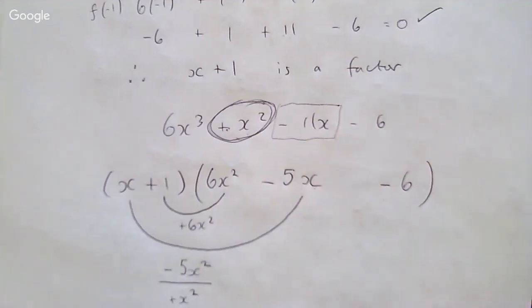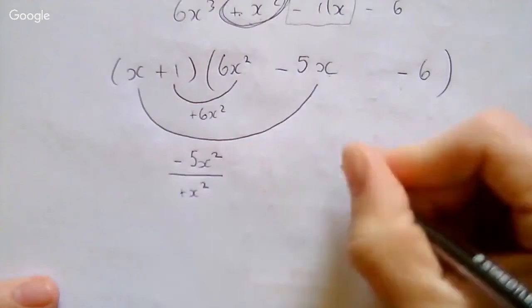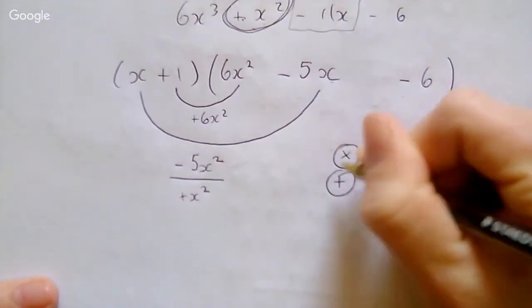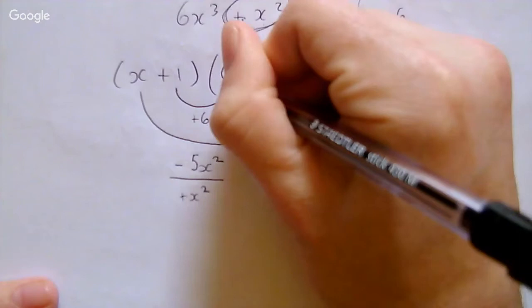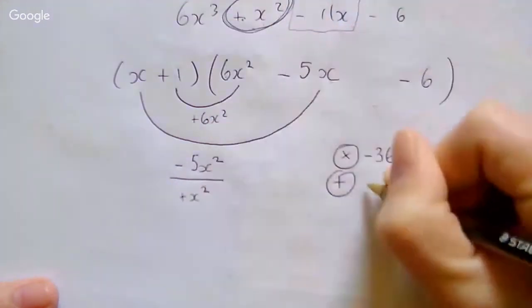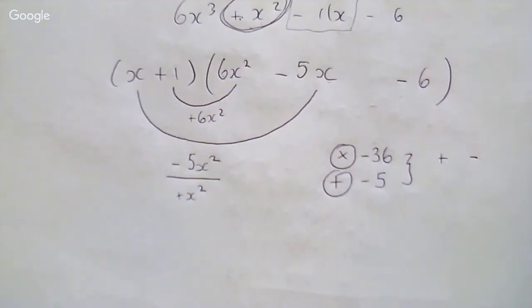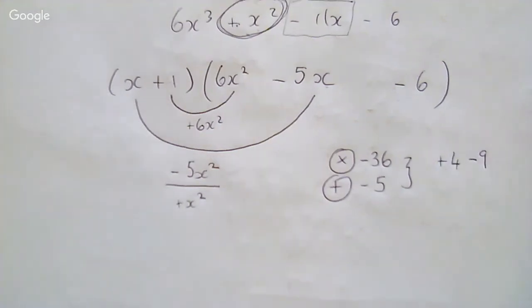And all I need to do now is factorize that second bracket. So I'm going to do the same trick as I did before. I'm going to do 6 times minus 6, which gives me minus 36. I've got to make minus 5. So I've got to think of pairs of numbers that times together to make minus 36 and add to minus 5, and I think it is 4 and minus 9.